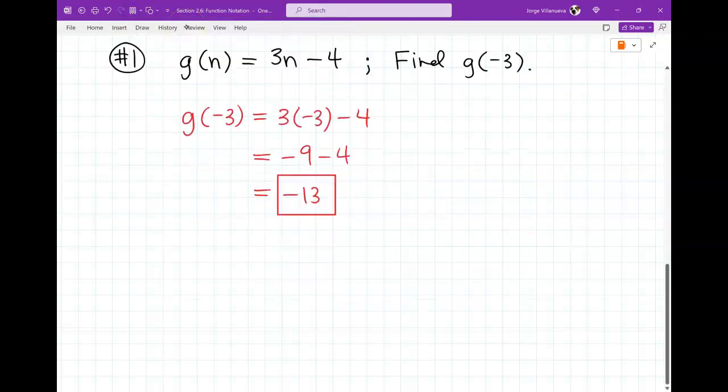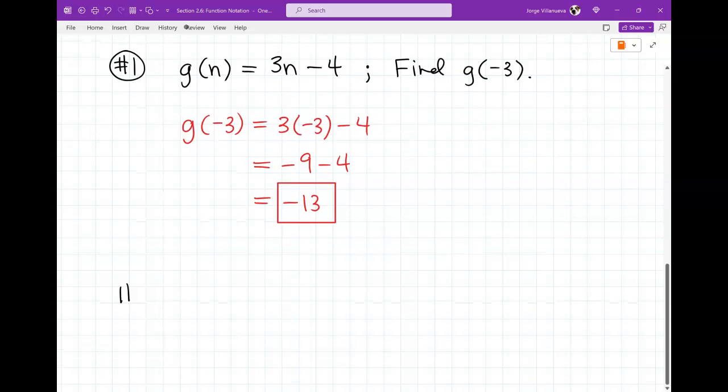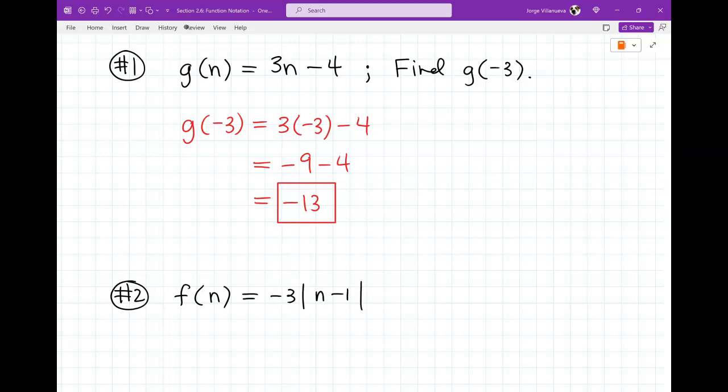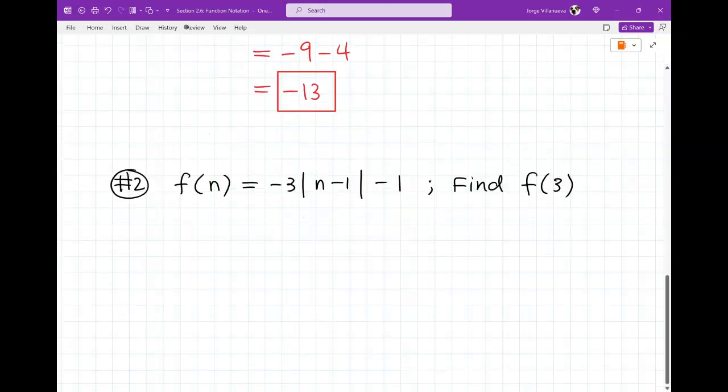Let's go to one that looks a little bit more difficult. But they're all basically the same idea, okay? Let's try this one. F of n is equal to negative 3 absolute value of n minus 1, minus 1. And they're going to say find f of 3 this time. So not negative 3, just 3.